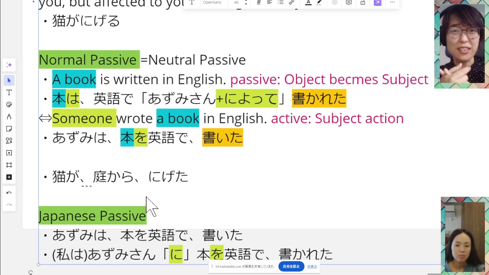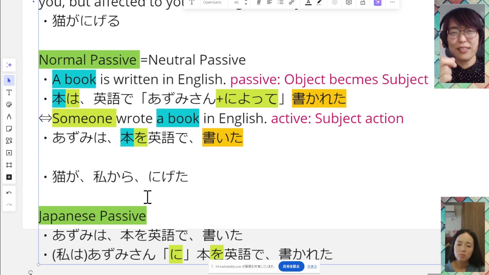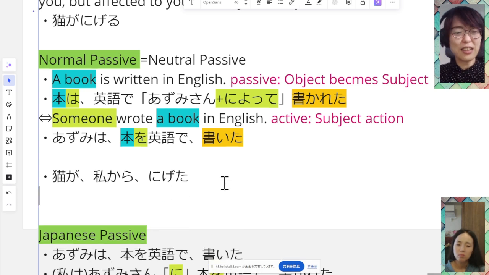No, you can't. 猫が逃げた is neko's pure action and it doesn't involve anyone. But okay, let's say 猫が私から逃げた, then yeah, you can make a sentence.